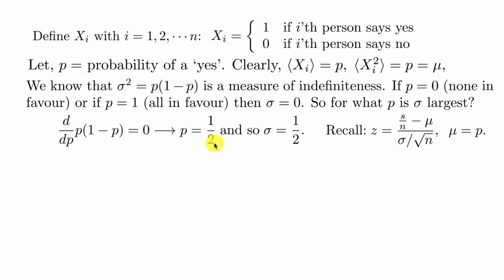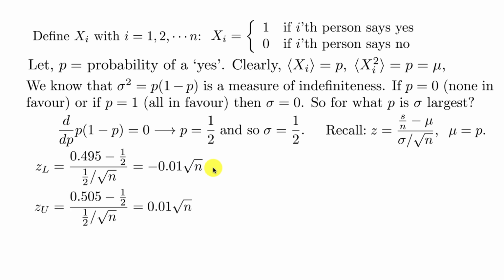Well, again, we're looking for a deviation from the average value. So this is 1% less than half minus the average, and then divided by this sigma over square root of n, which is then minus 0.01 square root of n. The upper limit, in that case, 1% bigger than half, will be this much, minus the average, and that gives you plus 0.01 square root of n.